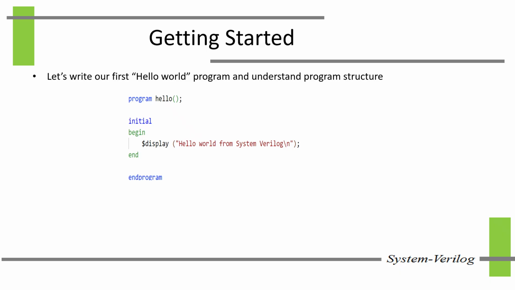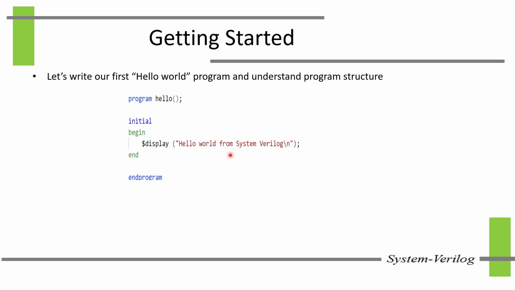So let's get started. The first program we write in any language is the Hello World program. So write a small Hello World program and try to simulate and run it. Here in this program, in the initial block, I have written this $display statement, which displays Hello World. This is very similar to Verilog, right?